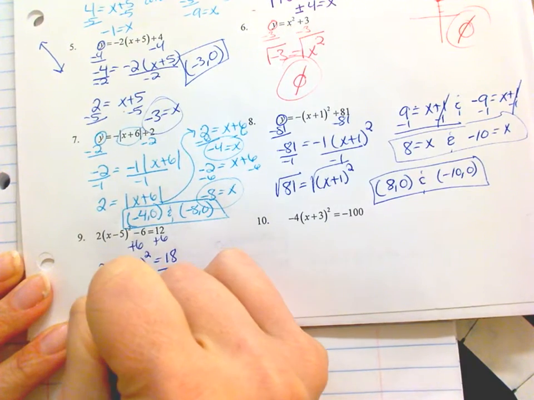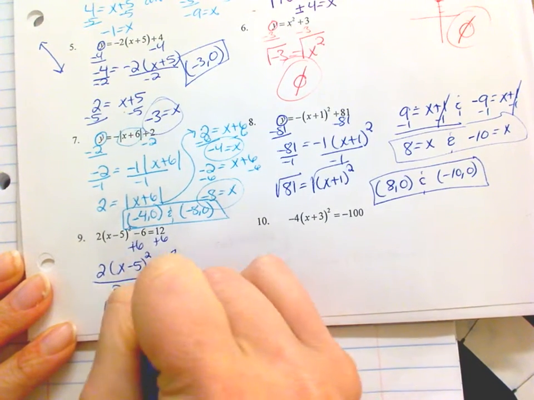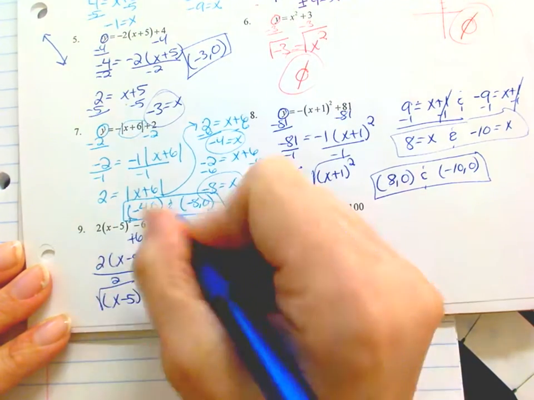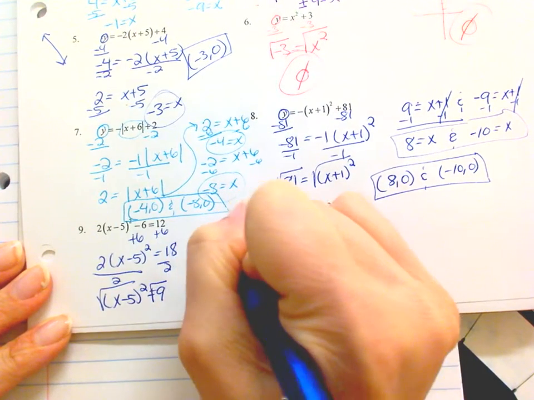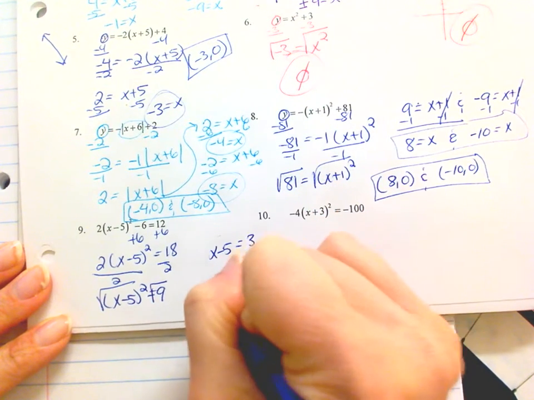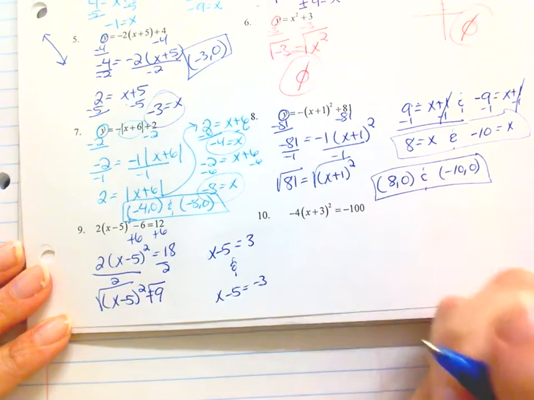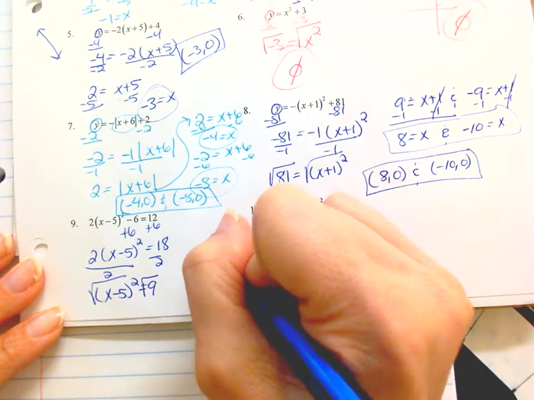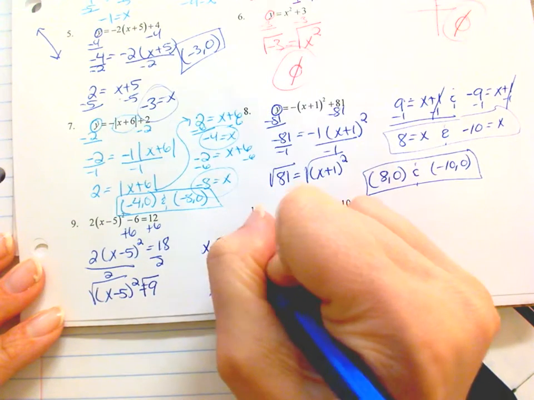You get the quantity x minus 5 squared is 9. And then you take the square root. So we've got x minus 5. Square root of 9 is 3. And negative 3. Both of them you're going to solve by getting x by itself. So you need to add 5.